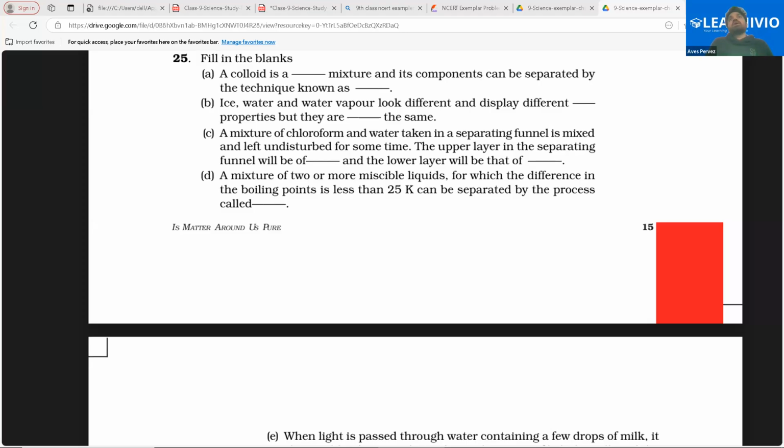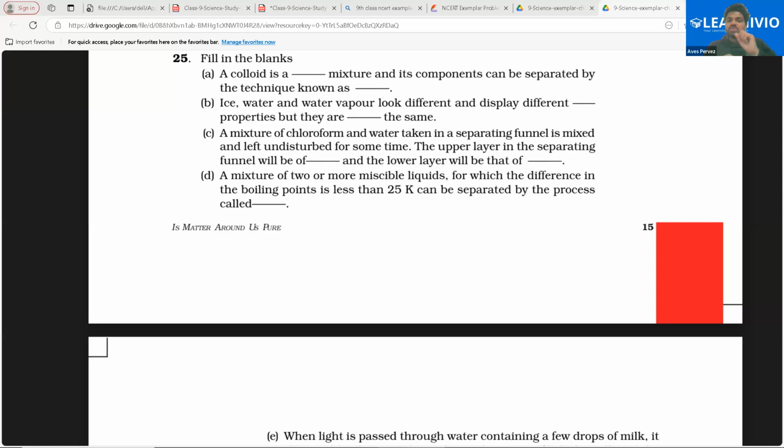So we can say that water is made up of hydrogen and oxygen. But since hydrogen and oxygen are chemically combined together, they are not showing the properties of what they are made up of. So these are called compounds. But in mixtures, for example, you have a glass of water and you add some lemon to it. You take a sip, you will feel that it is sour in taste.